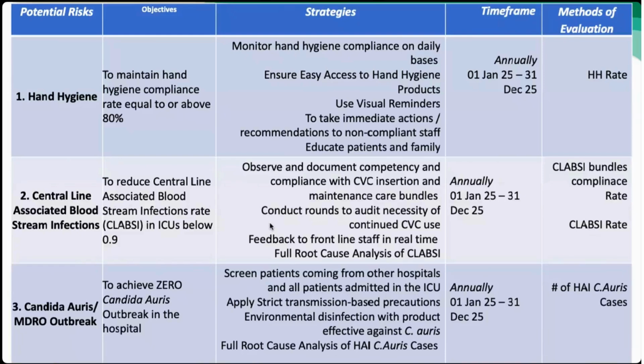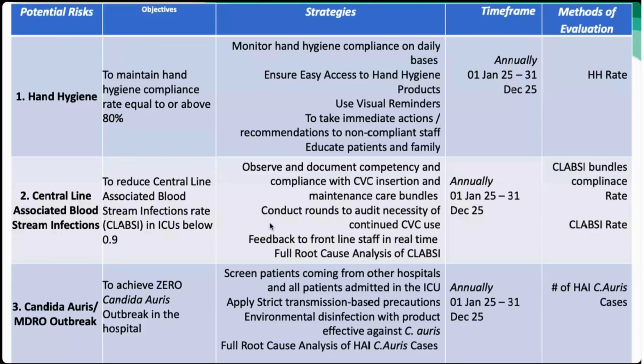So at the end, if we follow our goals, objective, strategies, time frame, and method of evaluation, then your annual plan will look like this. Your potential risk or your goal is focused on hand hygiene. So the objective is to maintain hand hygiene compliance rate equal to or above 80%, annually for the year 2025.